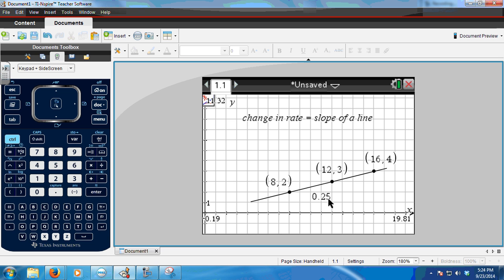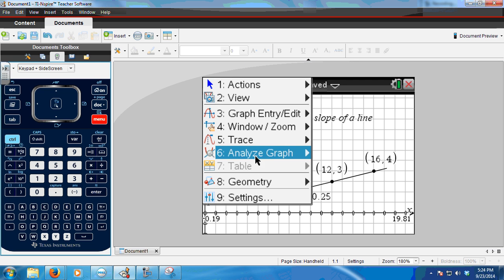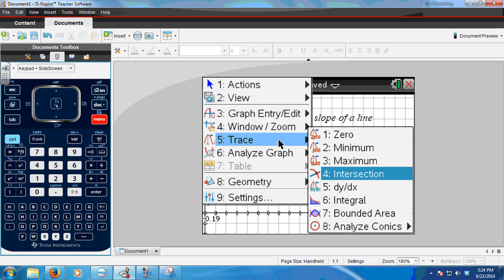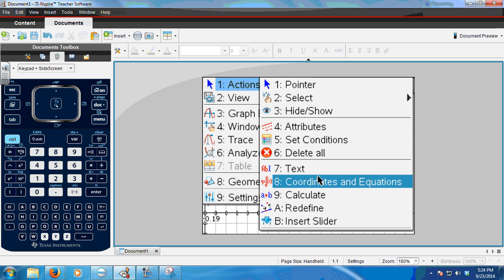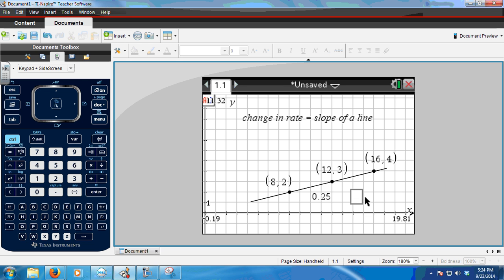And the equivalency of 0.25 is equal to the exact same thing as 1/4. So 1 divided by 4. So the slope of this line is equal to 1/4.